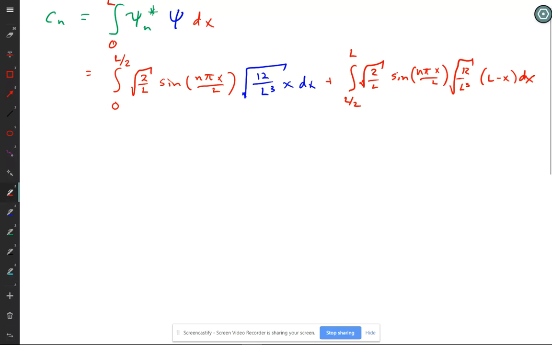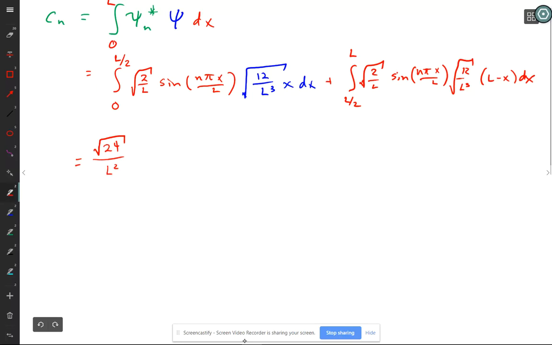And now we have to do our stinking integrals. So notice each one of these, square root of 2 times square root of 12 is square root of 24. 1 over the square root of L times 1 over the square root of L cubed is 1 over L squared. So I can bring out square root of 24 over L squared for everything.